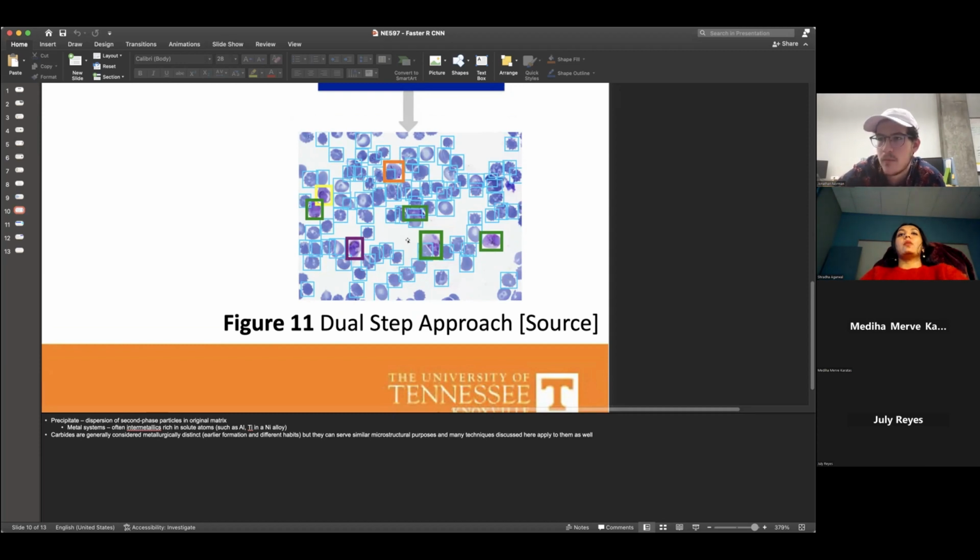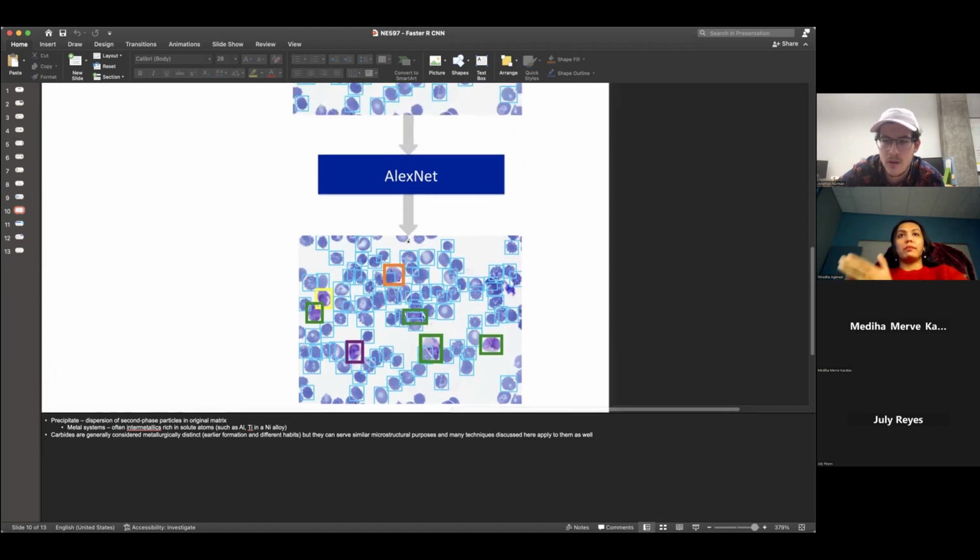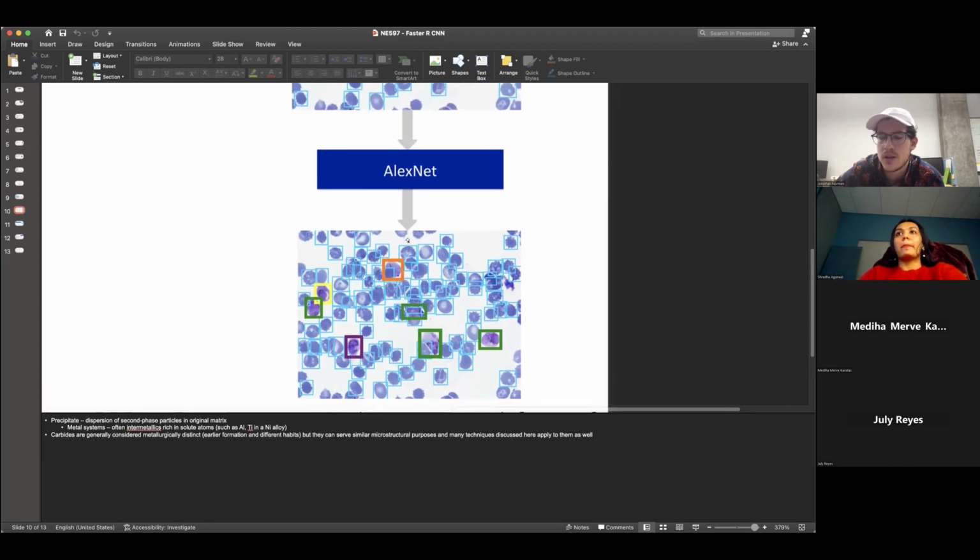Do you understand why they would couple it? Because faster RCNN individually should be able to just classify what are red blood cells and what are not. Yeah, it's a good question. So the general answer from the paper is something about because they only have a limited amount of training data for cells that are not red blood cells.